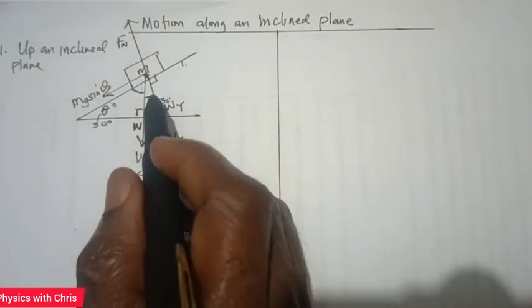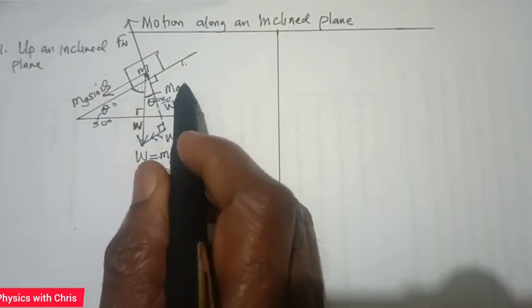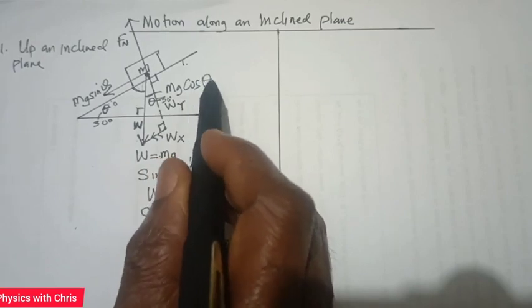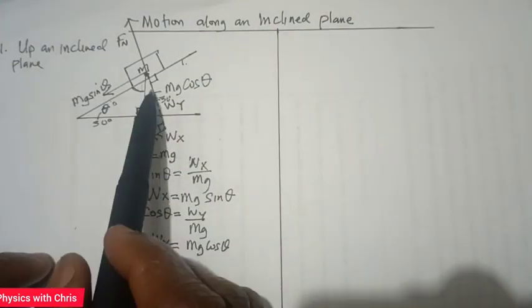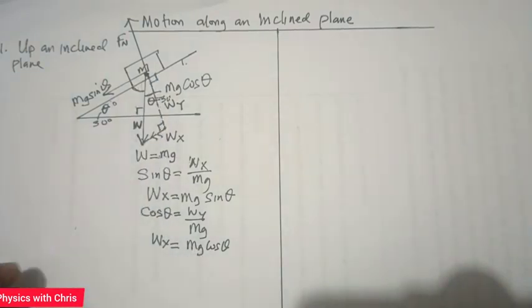Now this is mg cos theta, the component of the weight mg that is acting at right angles to the plane surface.